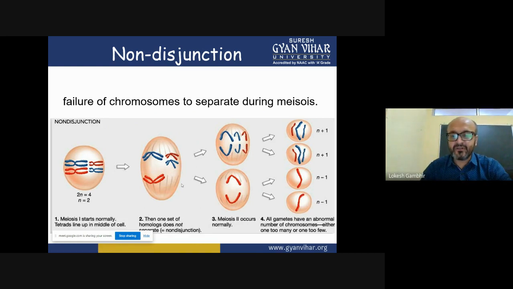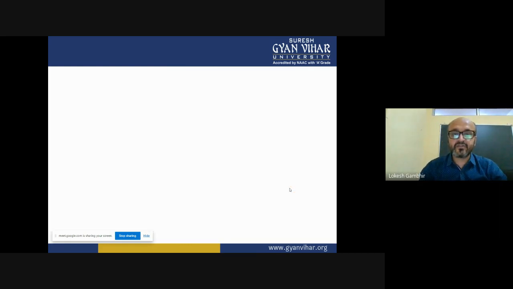So a proper disjunction that was supposed to happen is not happening, and then both molecules of the same chromosome enter a single cell. So what will happen? It will either increase the copy number, causing trisomy or a change in ploidy level, or it might go for nullisomy, and it can show a removal of the chromosome. That happens in meiosis in terms of non-disjunction.